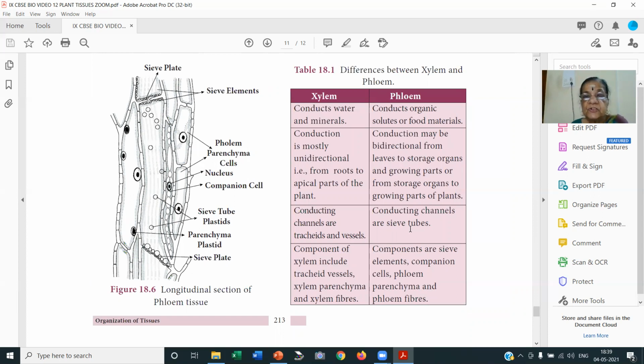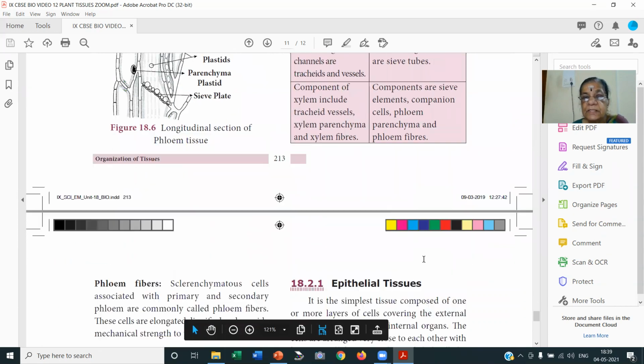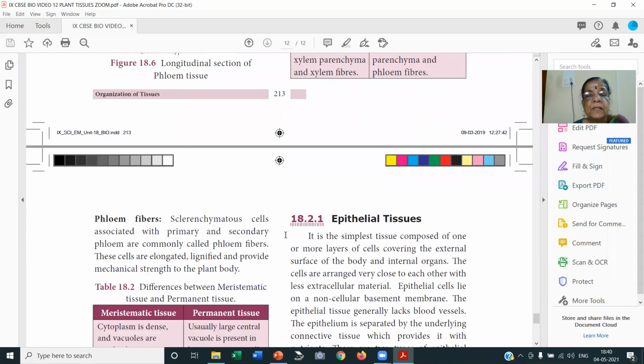The components of xylem are tracheids, vessels, parenchyma, fiber. Whereas in phloem they are sieve tube, companion cell, phloem parenchyma and fibers. Phloem fibers are associated with the primary and secondary phloem, and they are commonly called phloem fibers.